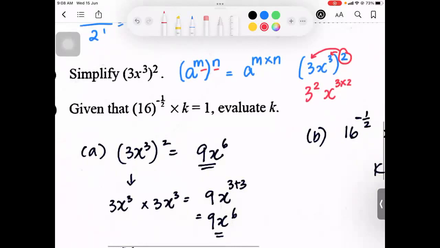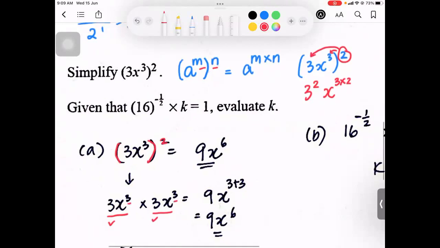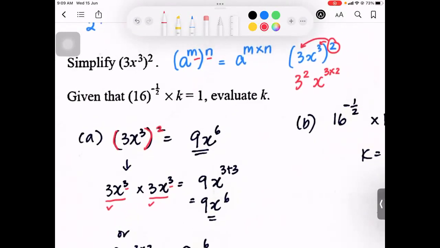Alternatively, if you're not very sure, you know that this is something squared. You can write it as the whole thing repeated itself 2 times. So when it's repeated 2 times, then you get 3 times 3 is 9. x to the power 3 times x to the power 3, when there's multiplication, the powers add onto each other, then you get the answer 9x to the power 6.